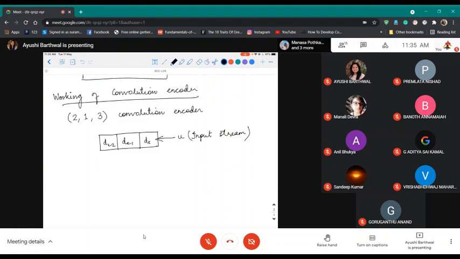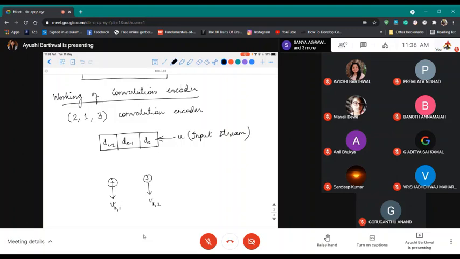You should have two outputs, represented by VK1 and VK2.